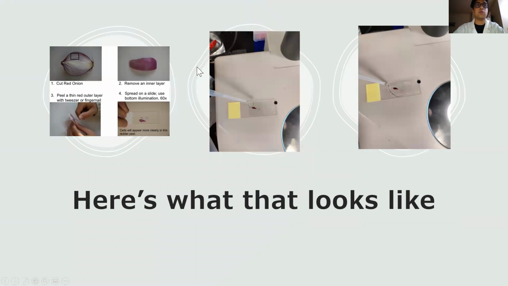But just one more time, if you are having trouble visualizing this, you cut your red onion, and then you peel a thin red layer, or you remove the inner layer that is highly pigmented first, and then you peel a thin red outer layer with a tweezer or your fingernails in this case, and then you spread it out on the slide.